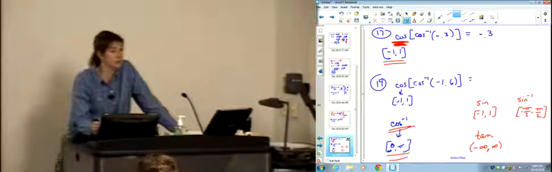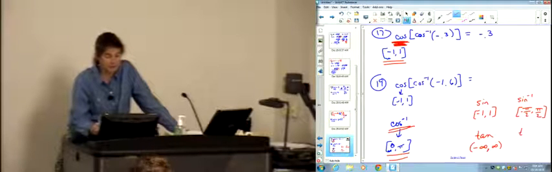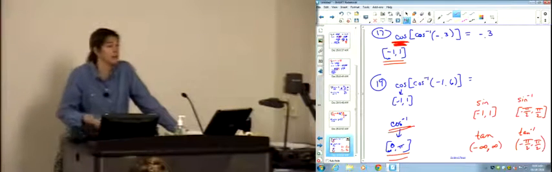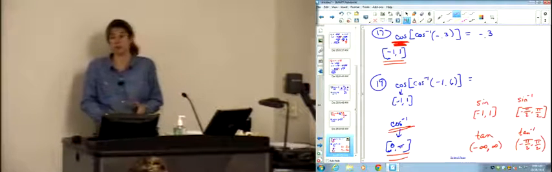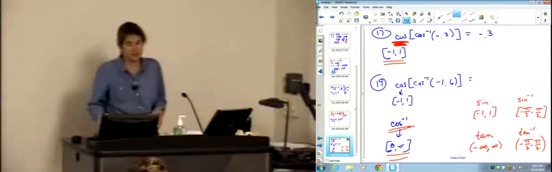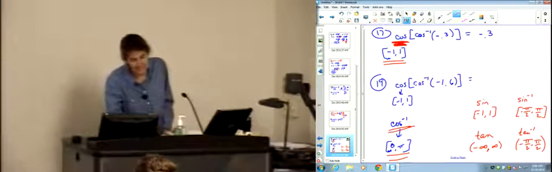It is a lot to remember. Inverse tangent was -pi halves to +pi halves as well, but not including those endpoints. So back to number 19.